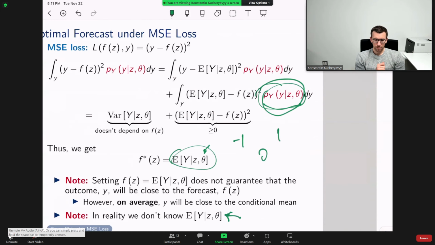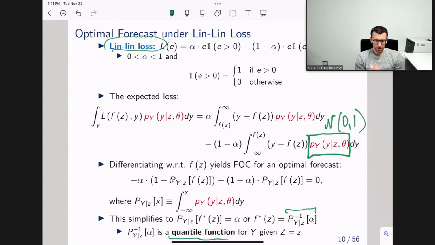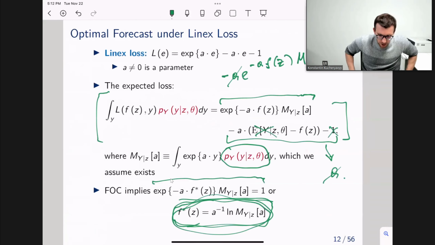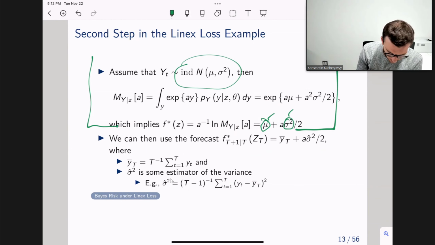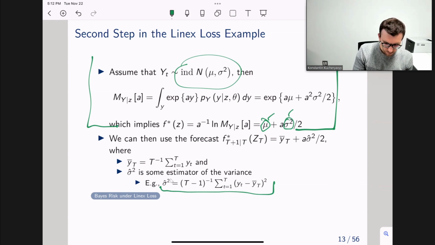Let me go here with this example. This estimate of sigma squared is not the only estimate of the variance. There are many estimates of the variance.